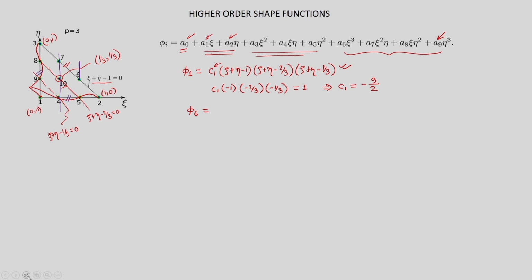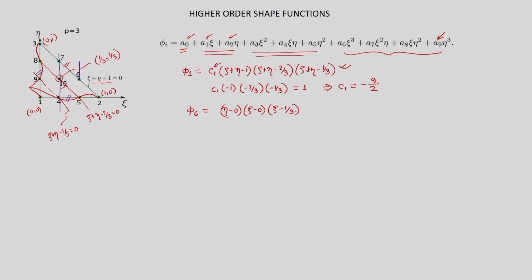So then the definition becomes: the first straight line is eta equal to 0, so eta minus 0, the second straight line is xi equal to 0, and the third straight line is xi minus 1 by 3 equal to 0.